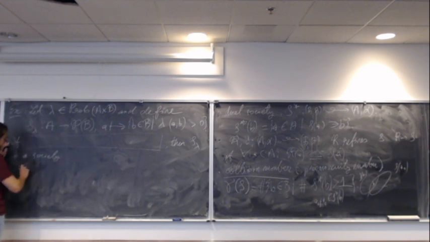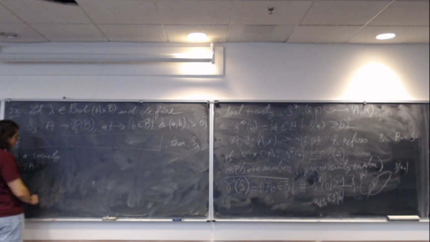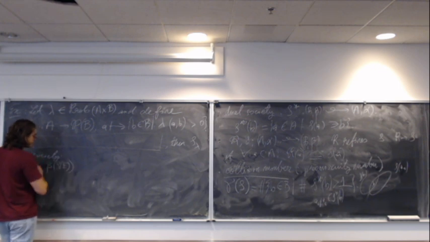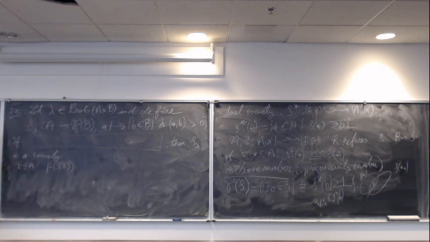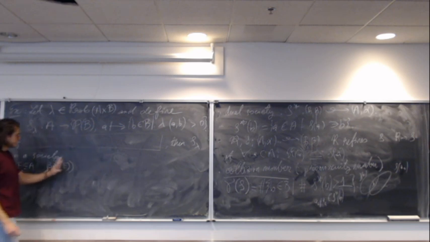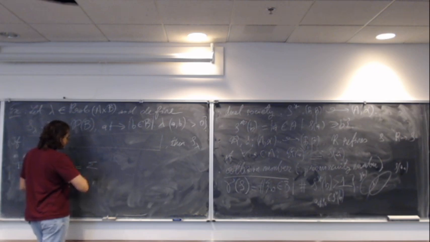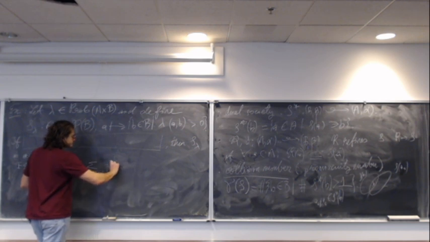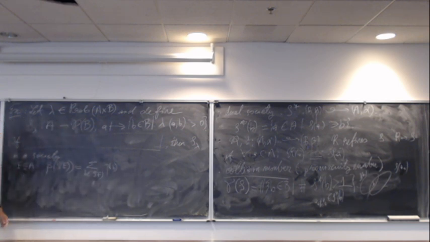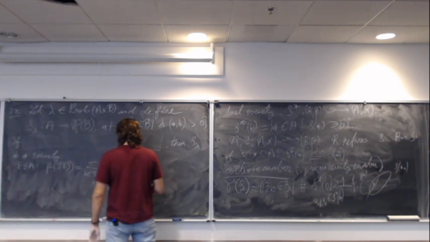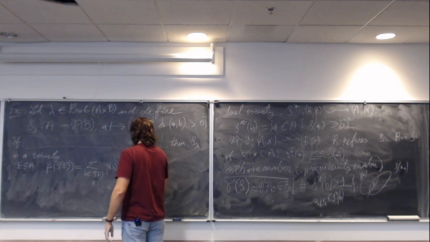If I have a subset E, what I want is for the measure of S of E to be larger than alpha of E. Okay, so let's try to open this up. I can write this as the sum over all those B's in S of E of beta B. But then let's say this happens.